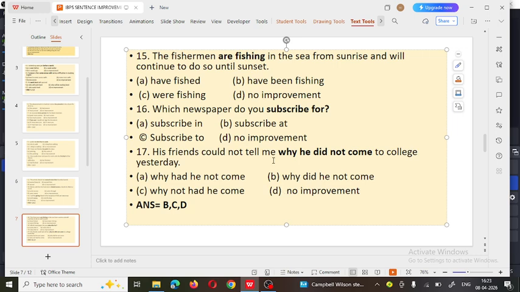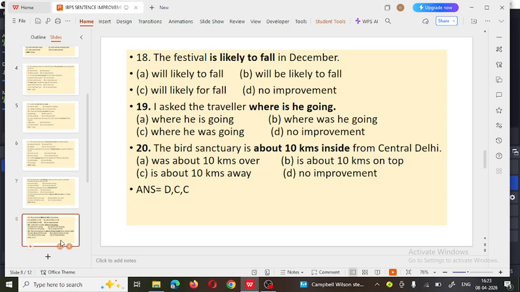Option D, no improvement. Next, the festival is likely to fall in December. Now see, is likely to fall, will likely to fall, will be likely to fall, or will likely to fall.